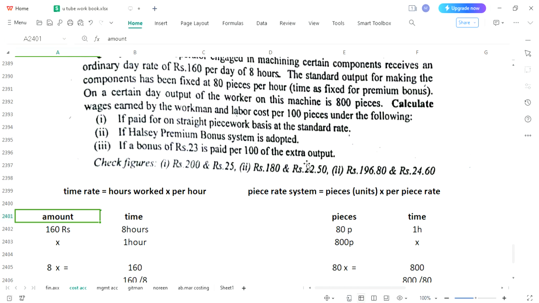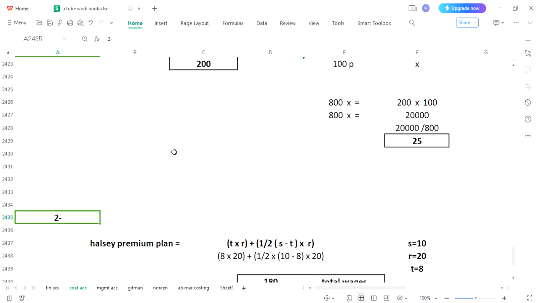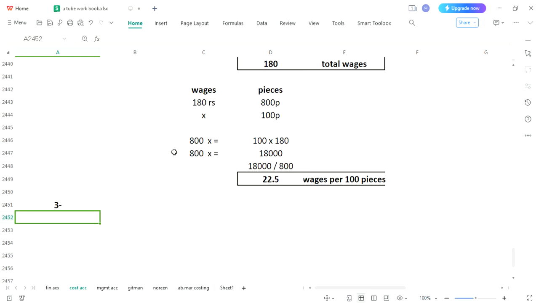All right, first we will calculate the simple normal salary by taking this formula, time rate method, and then we will calculate the bonus. For that purpose, first we will see how many units must be made. This is our first standard, and secondly we see the normal salary, and the third part would be the bonus.